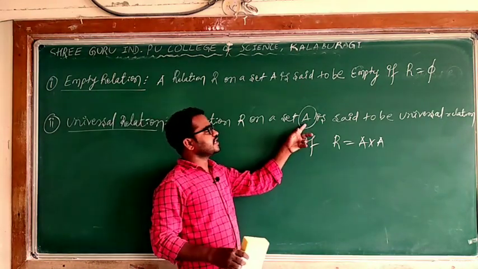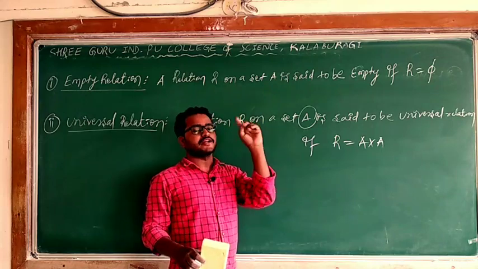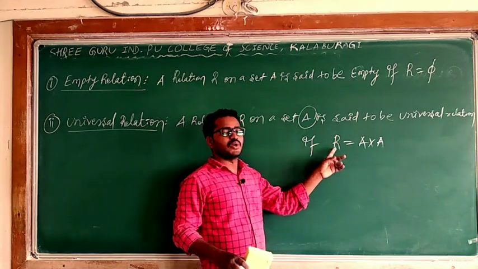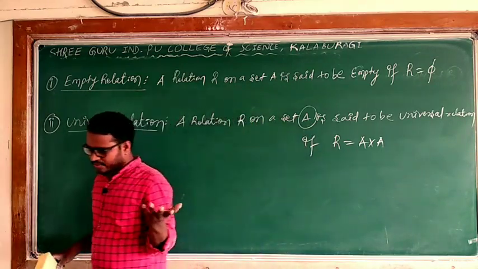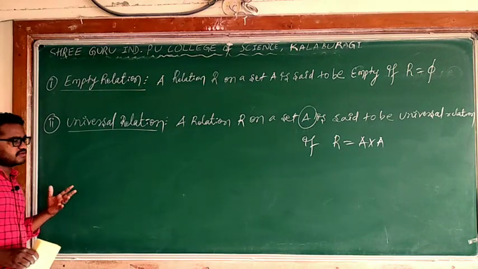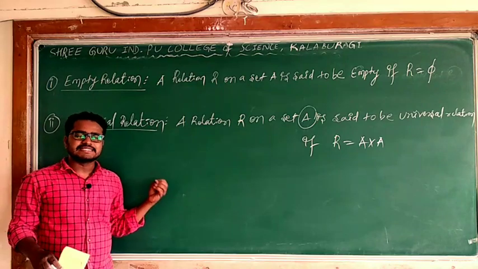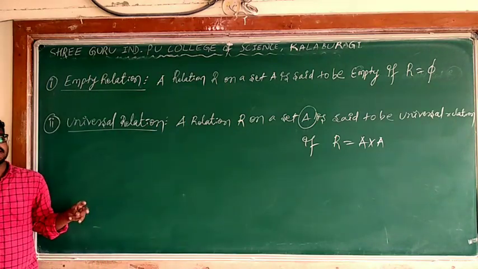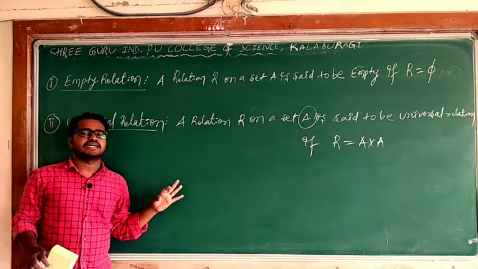If it is defined on two different sets A and B, then R is equal to A cross B. You get a universal relation whenever the relation itself is the given Cartesian product.